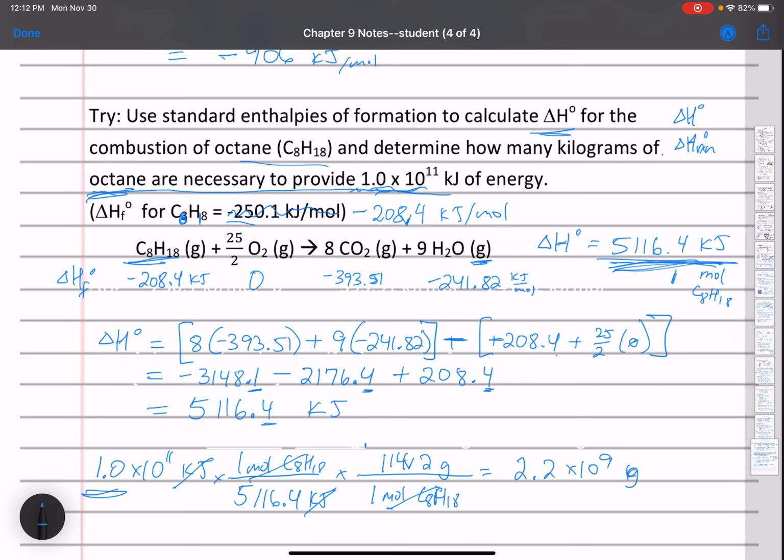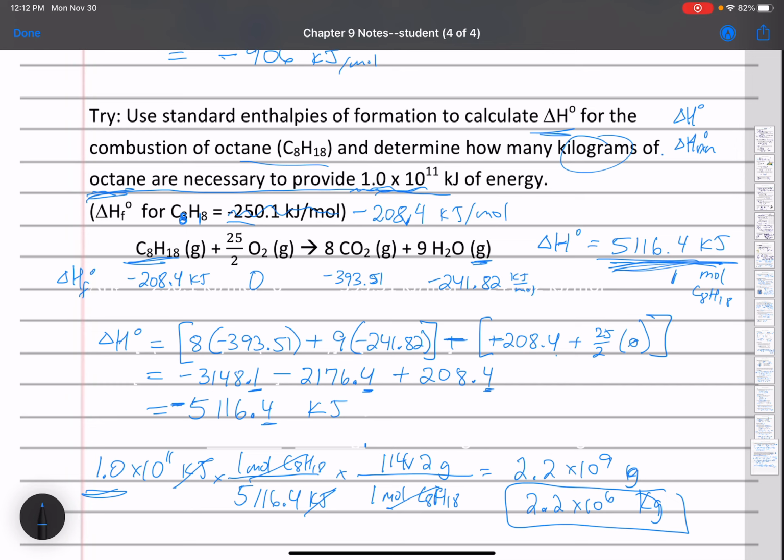My answer is in grams, but it asked me how many kilograms. So I do need to convert that, divide by 1,000. So it would be 2.2 times 10 to the 6th kilograms would be the answer there. And the error that I found is that I forgot my negative sign here.